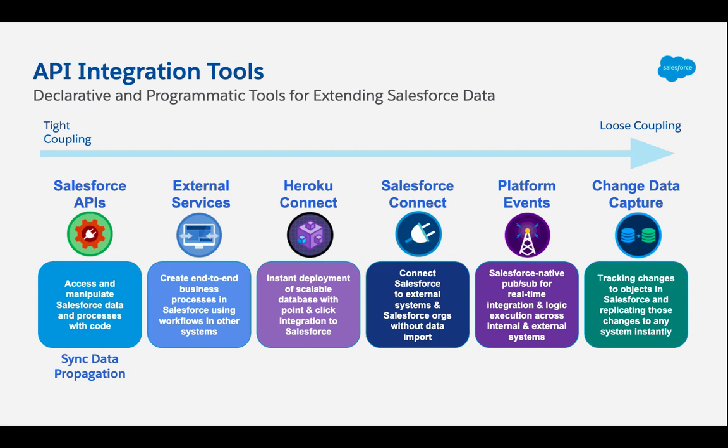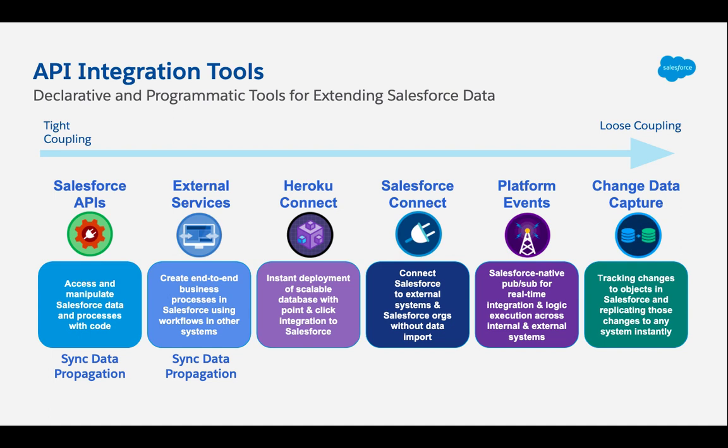The credit check business process, including the data entry, can be handled by a flow in Salesforce. But as part of that flow, external services could be used to call into the credit bureaus to actually perform the credit check. Data collected as part of the flow is sent off to the credit bureau, and then the credit score is returned back into the flow, and the process continues as needed.